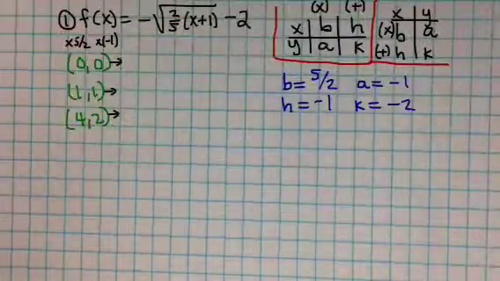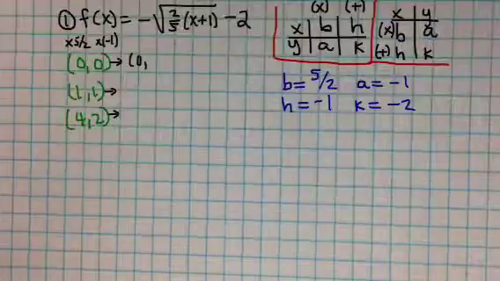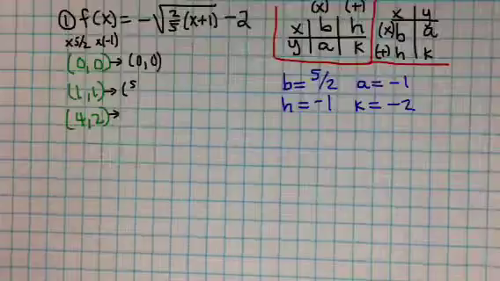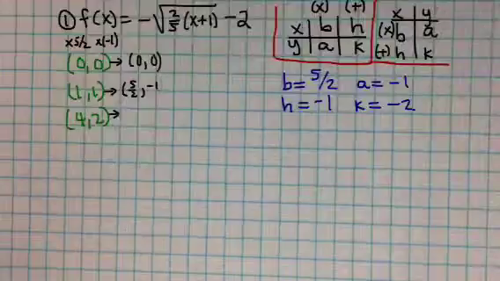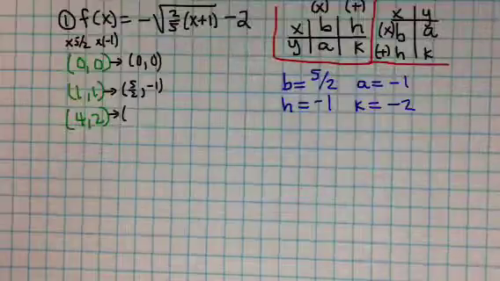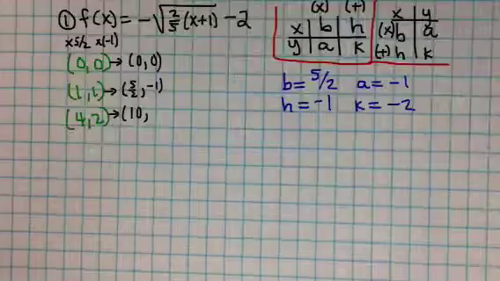Well, anything times 0 is 0, so the first point pretty much stays the same. The second point becomes 5/2 because 1 times 5/2, and then 1 times -1 is -1. And then the third point, 5/2 times 4 is 20 over 2, which is 10. And then 2 times -1 is -2.